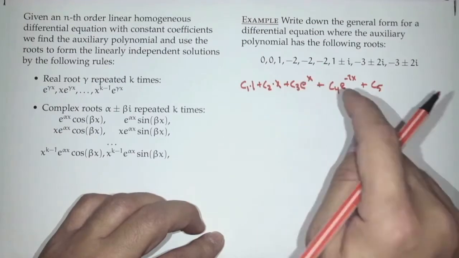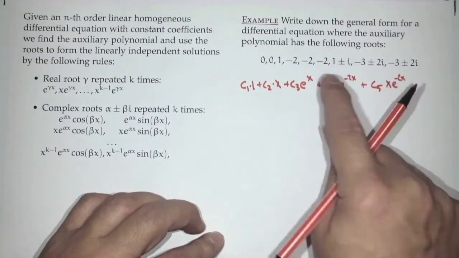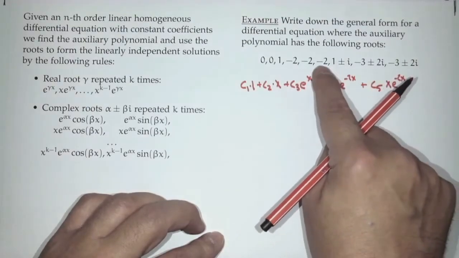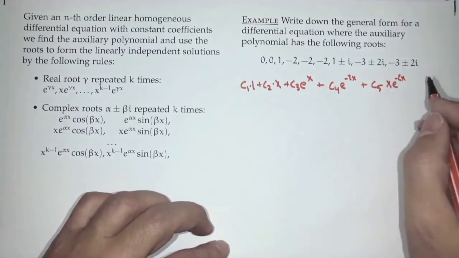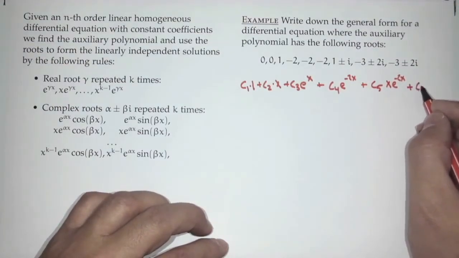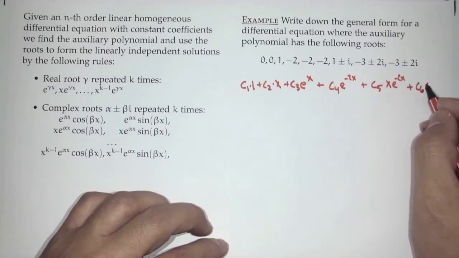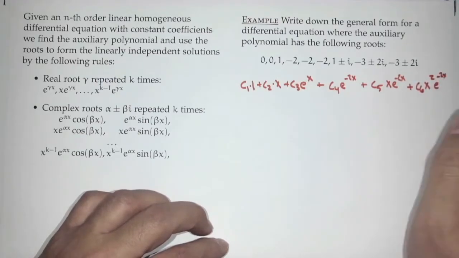C5 what? X e to the negative 2x, because it's a repeated root, so we have to bump. Okay, our next root is a negative 2 yet again. C6 x what? X squared e to the negative 2x.